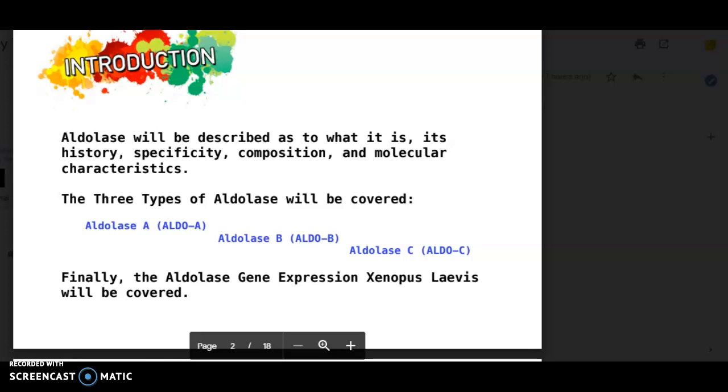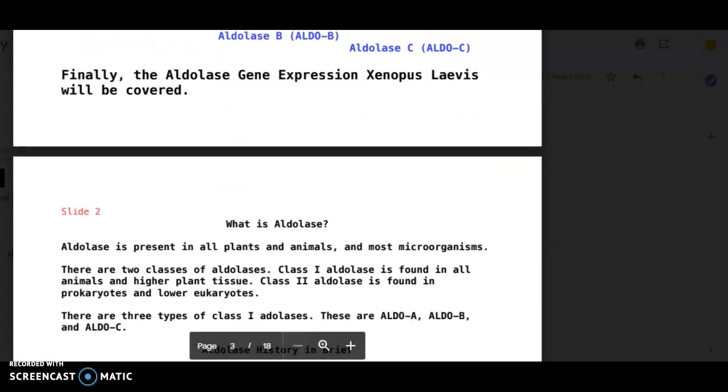I will be talking about the three different types of aldolase that will be covered: aldolase A, which is aldo-A, aldo-B, and aldo-C. And finally, the aldolase gene expression for Xenopus laevis will be covered as well, and that's actually an African clawed frog. So hopefully you will stay tuned.